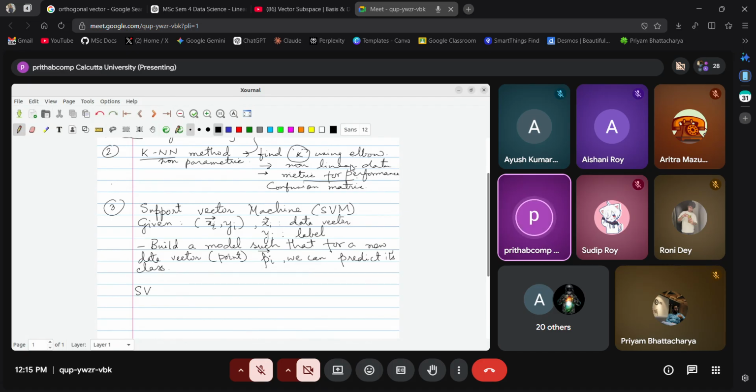Now this support vector machine can be formulated as a linear problem, or it could be a non-linear problem.